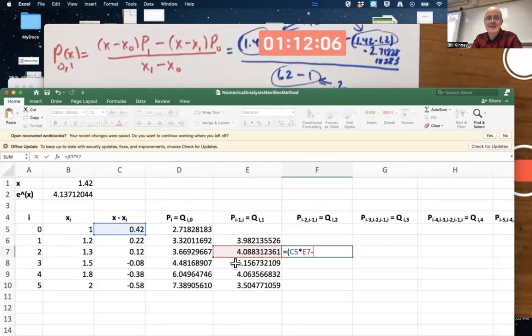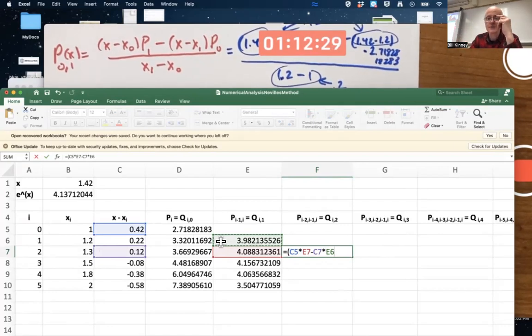Minus X minus X2 now, go 2 spots down. But then times P0,1 there. So the X has become a little off kilter in what's getting multiplied here. But that's what you want to do.